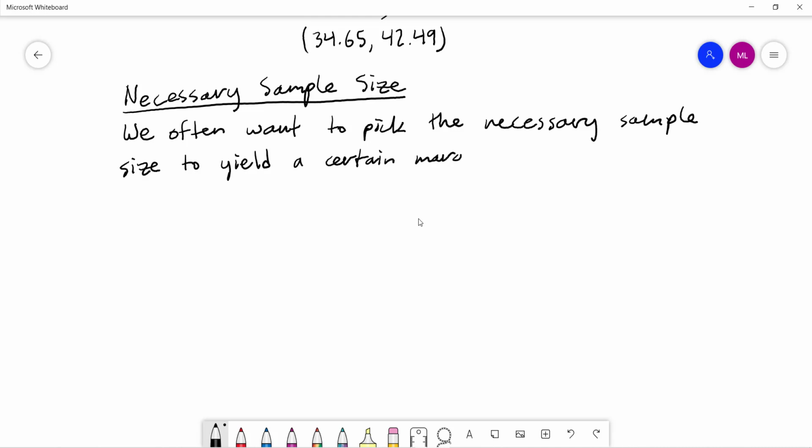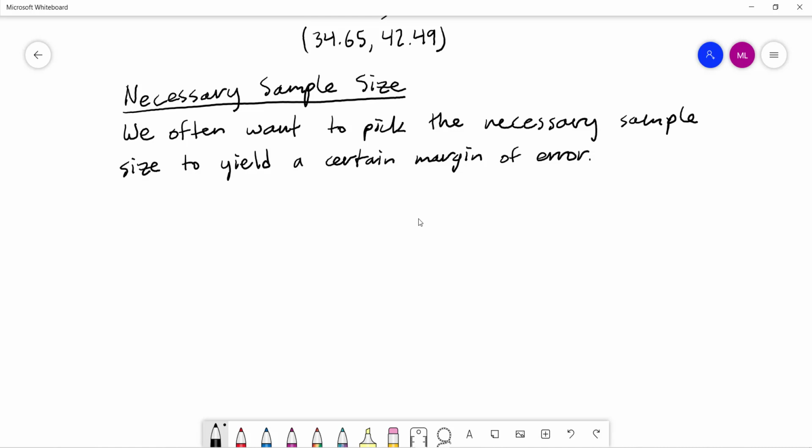Right, so we want to figure out ahead of time how zeroed in on the correct answer we want to be. And then from there, decide how big of a sample we need to do that. And this goes back to the other idea that we talked about. Again, bigger samples are better. If you take a bigger sample, you can get more zeroed in on the correct value that you're looking for.